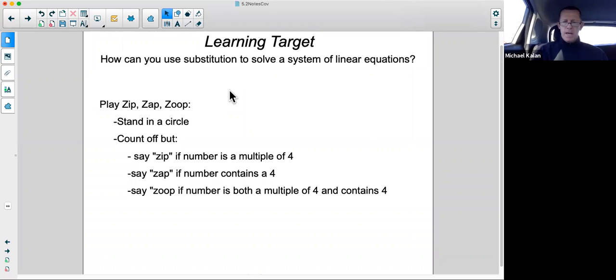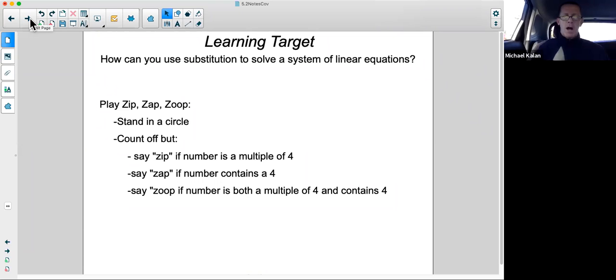If it's a multiple of 4 and contains 4, like 4, you say zoop. So if we were to start this game, we would go 1, 2, 3, and then zoop, 5, 6, 7, zip, 9, and so forth. So remind me, let's play in class. It's actually a lot of fun. Remind me to do that because I'll probably forget, you know me.